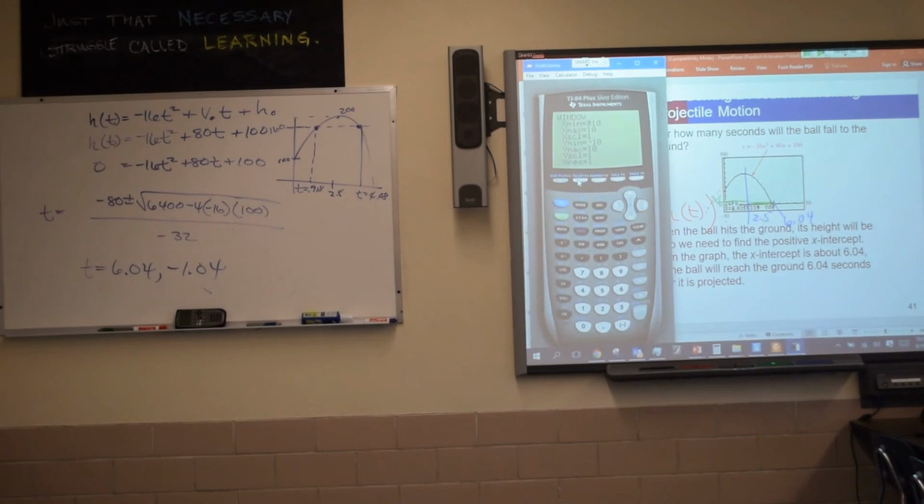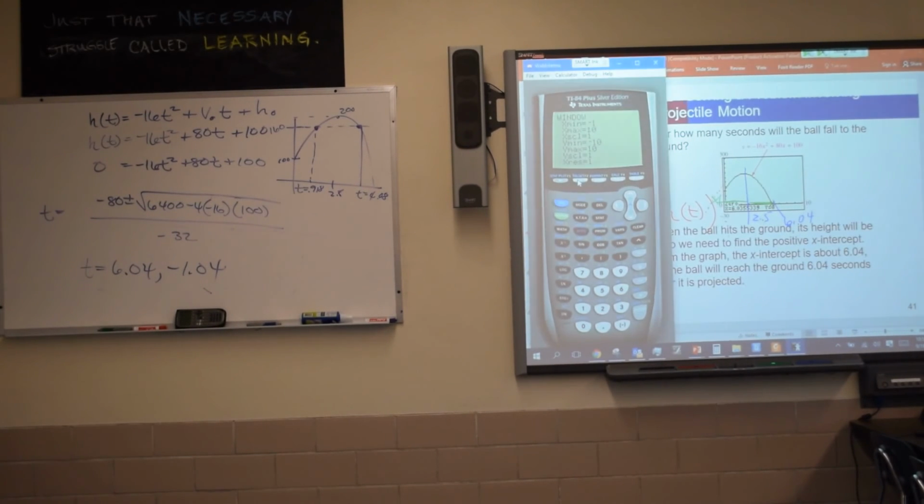But we've already done a lot of this, so let's say the x minimum. I'm really not interested in anything to the left of the y-axis, right? So let's make our x minimum either 0 or maybe negative 1 or negative 2. Our x maximum now, what was the x-intercept's largest value?